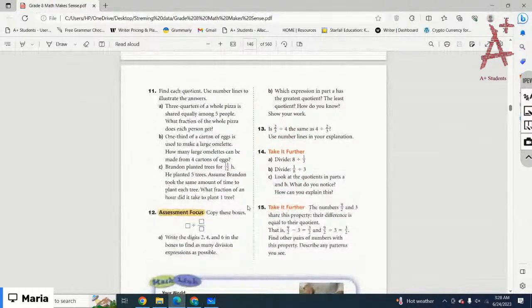Okay, just look at the question number 13. Is 2 over 3 divided by 4 the same as 4 divided by 2 over 3? No, they are not the same. Let's see how.